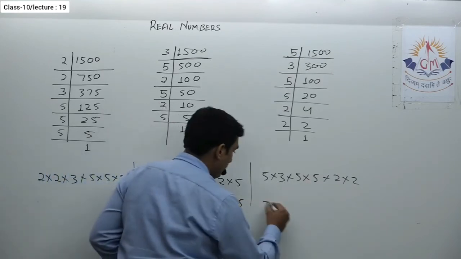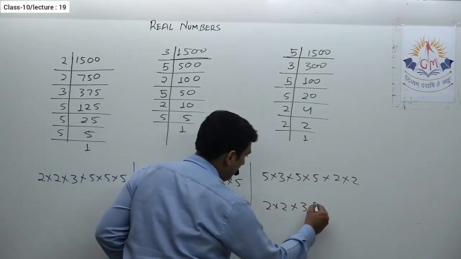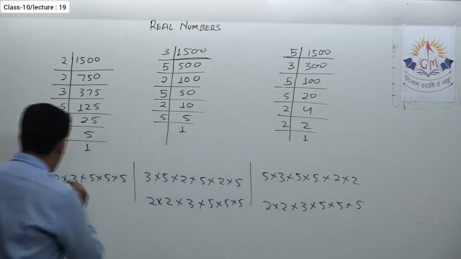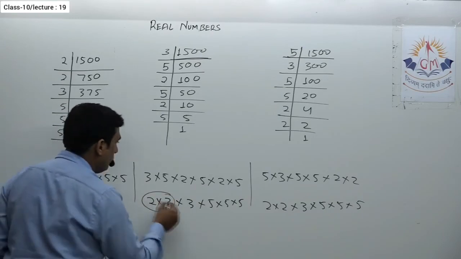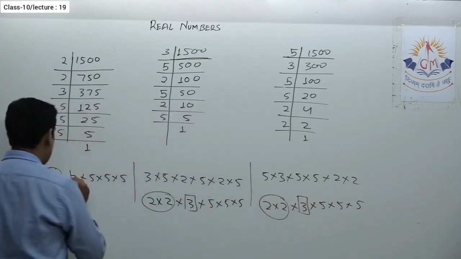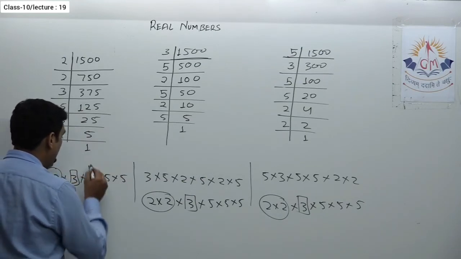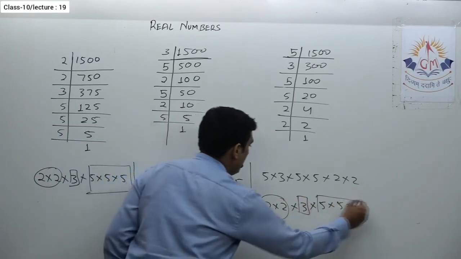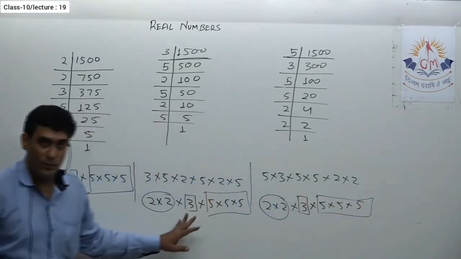Here again 2 into 2, then 3 into 5 into 5 into 5. That means every time we are getting 2 times 2, then 1 time 3, and then 3 times 5. So this is the fundamental theorem of arithmetic.